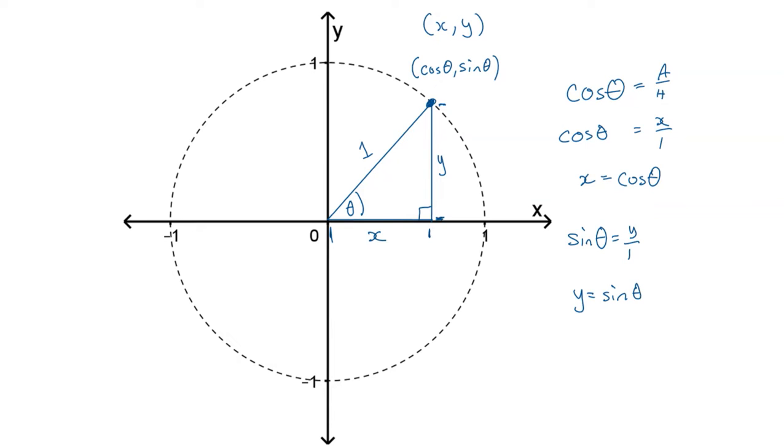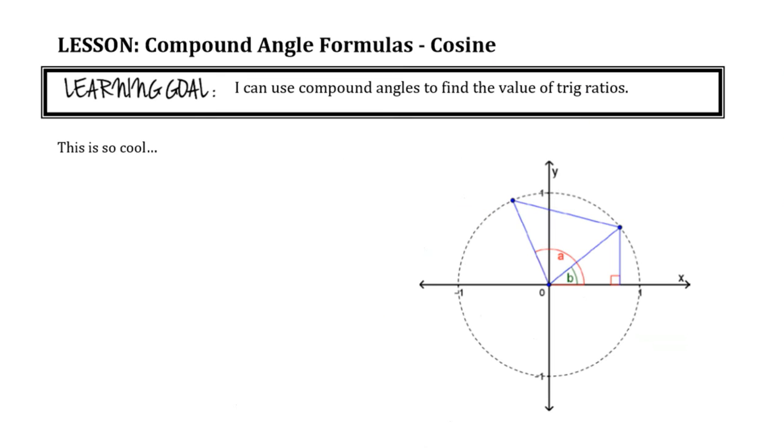Got that? Okay. You need to know this in order to complete this derivation. By derivation, I mean we're going to derive or develop a new formula. So you need that in order to label this diagram properly. Okay? Couple of things about this.